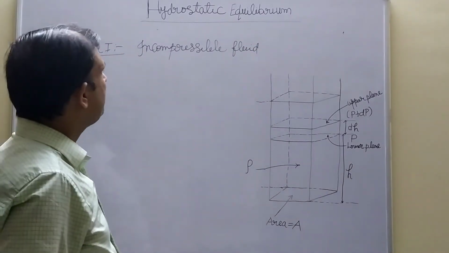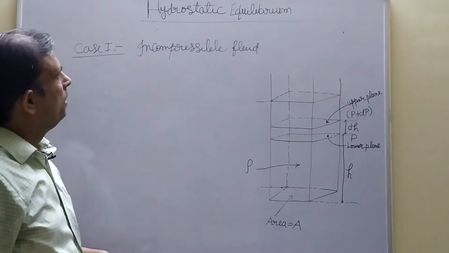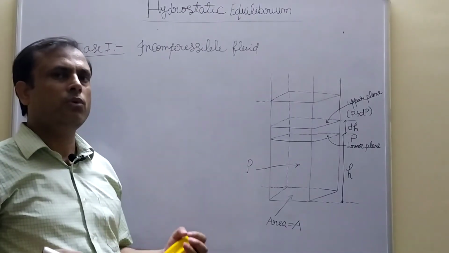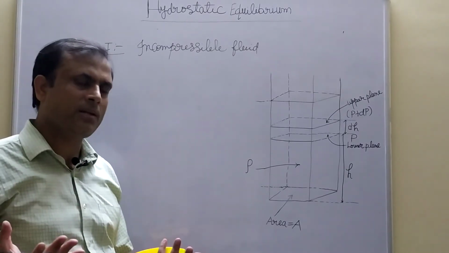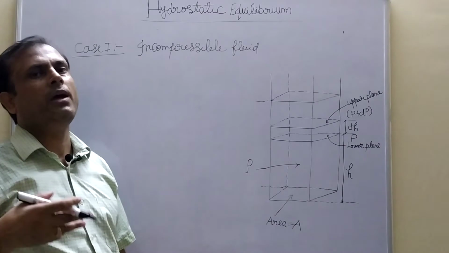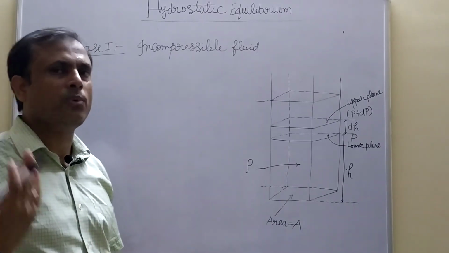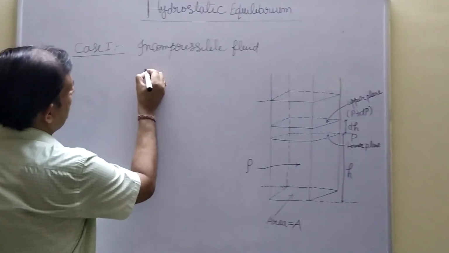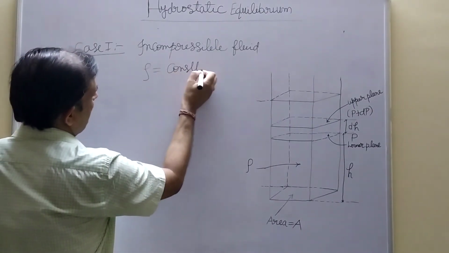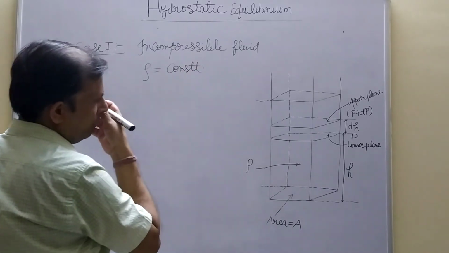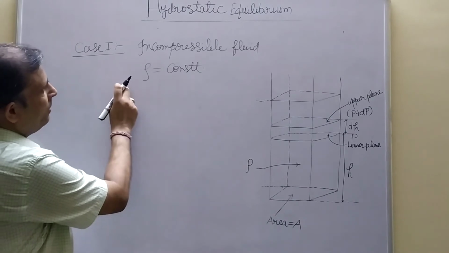So what is the definition of an incompressible fluid? A fluid whose density does not vary significantly with temperature and pressure is known as an incompressible fluid. It means in this case density will be constant. So we can use equation first for an incompressible fluid.